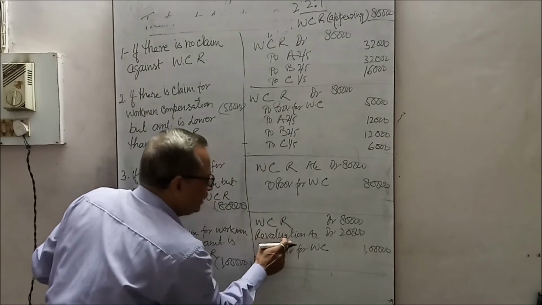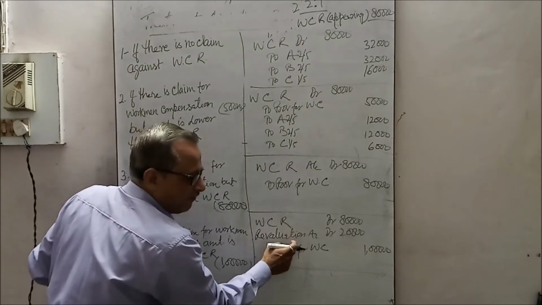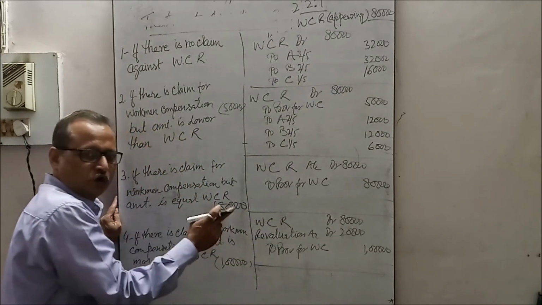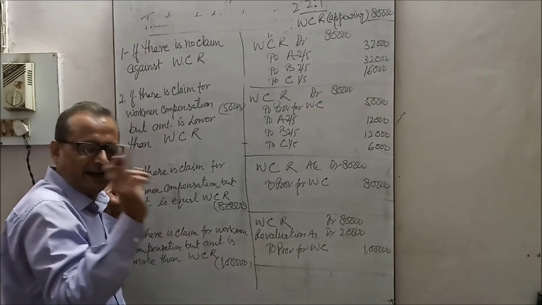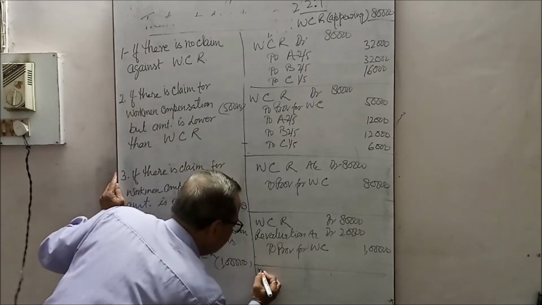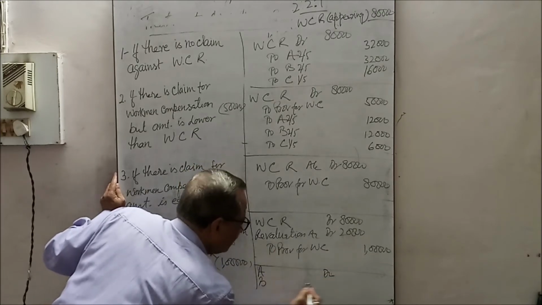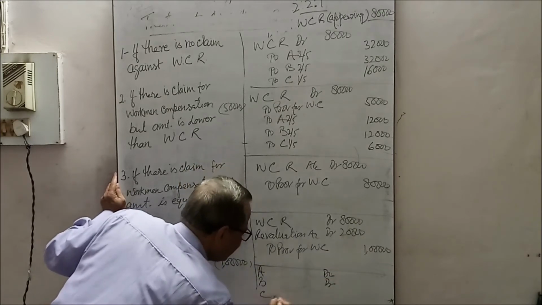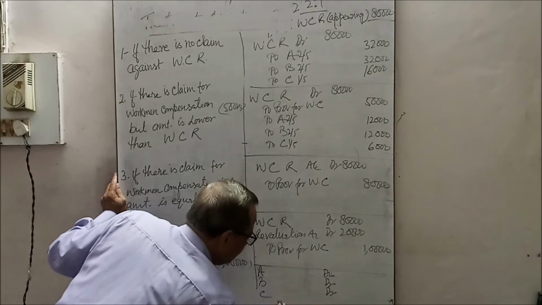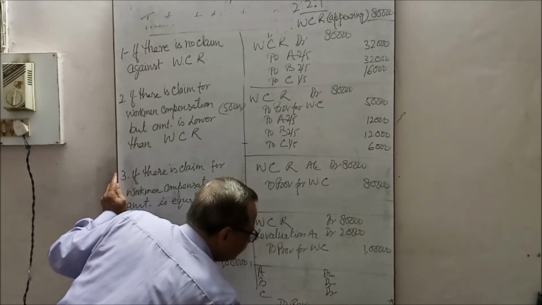And this was charged from revaluation, so it is a loss. It should be debited to the old partners' capital accounts. A's capital account debit, B's capital account debit, C's capital account debit to revaluation account.